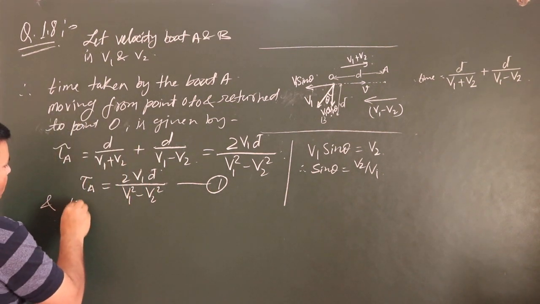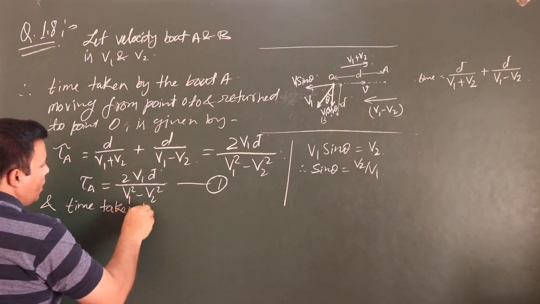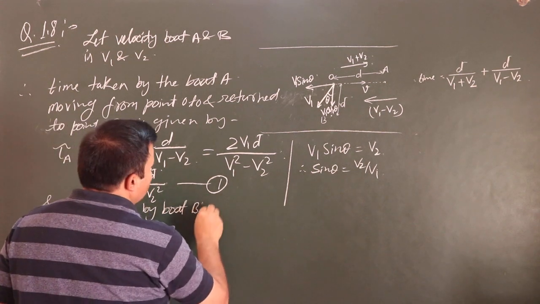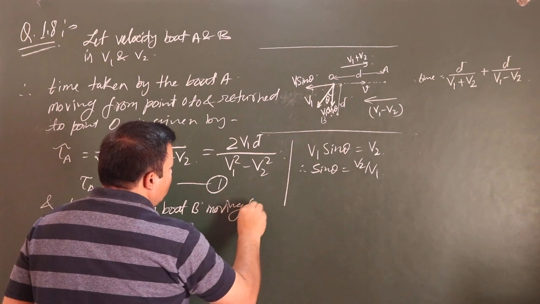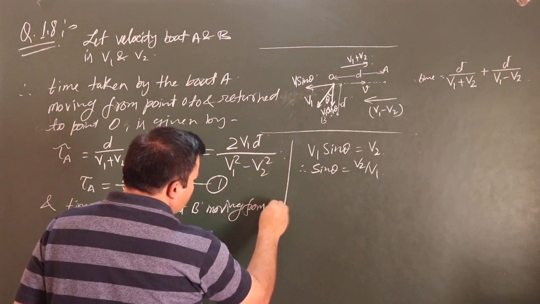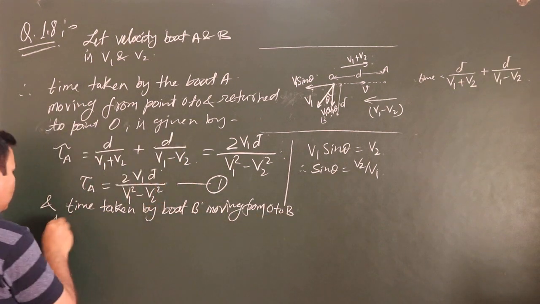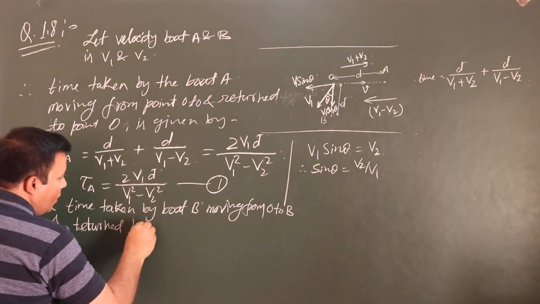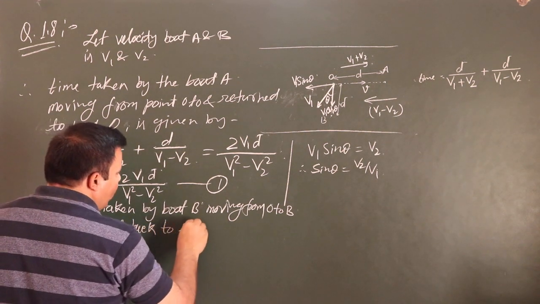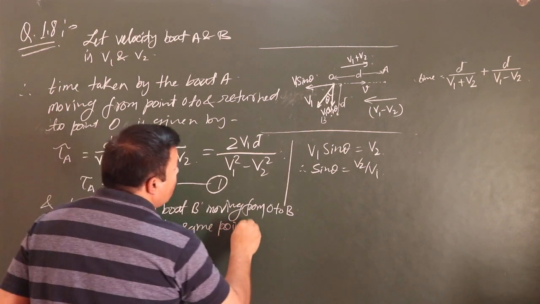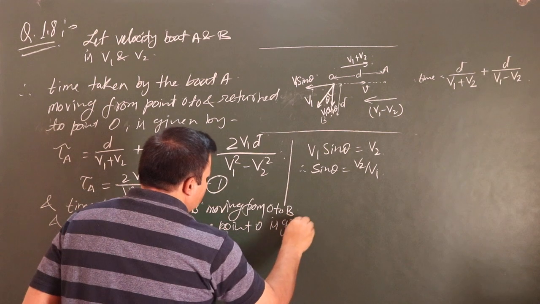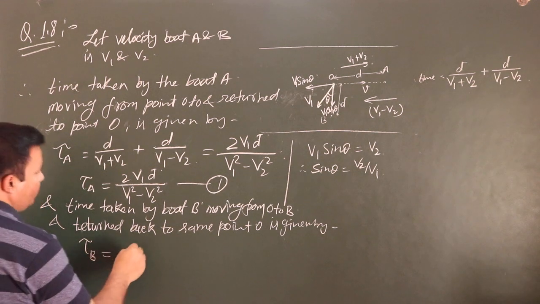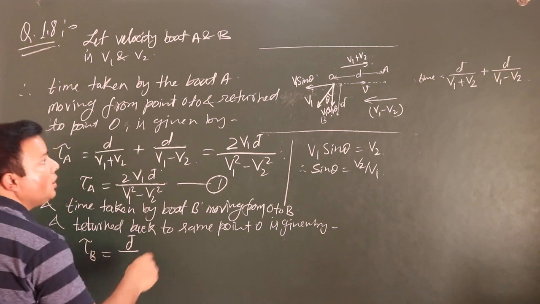The time taken by boat B moving from O to B and returning back to the same point O is given by tau B, which is equal to distance upon velocity.